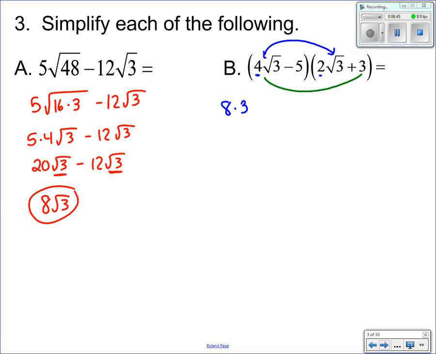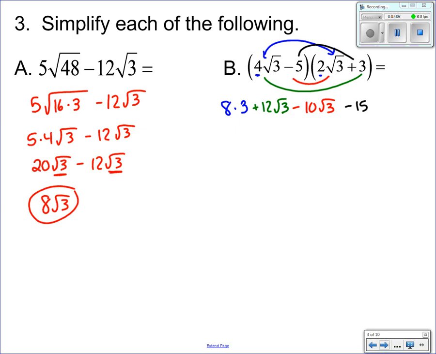Multiply the numbers together. So I have 4 times 3, that's 12 root 3. Inner terms together. 10 root 3. And then our last terms together, minus 15.